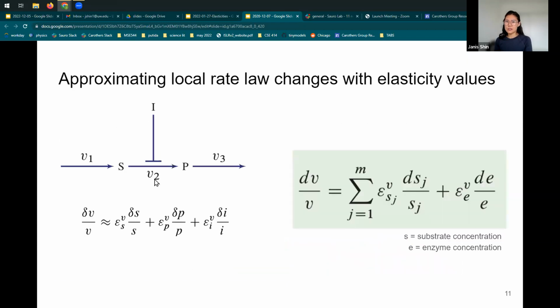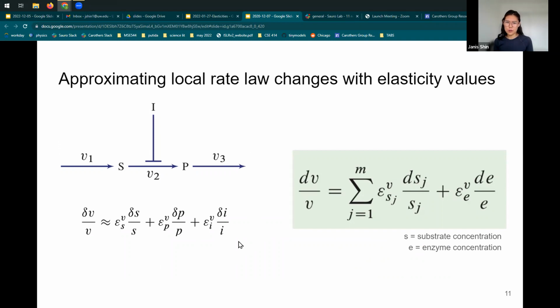All right, so you can approximate local rate law changes with elasticity values. In practice, we can approximate fractional changes when substrate concentrations are changed. Rearranging the elasticity equation, we can get an equation that makes this look like an approximation, as in here.